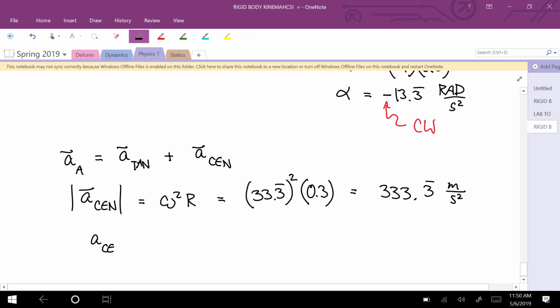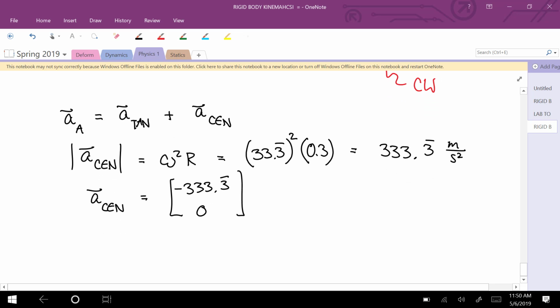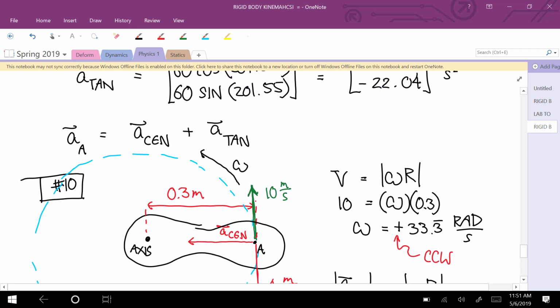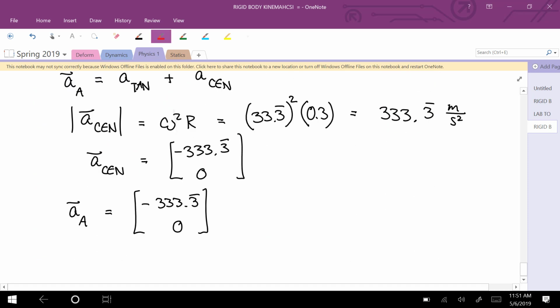So the centripetal acceleration vector is negative 333.3 repeating, 0. And so the total acceleration of the point A is negative 333.3 repeating, 0, plus the tangential acceleration that was given, 0, negative 4.